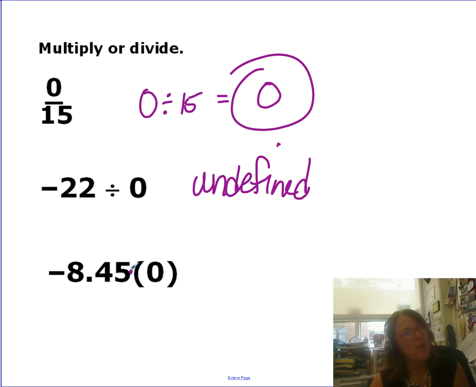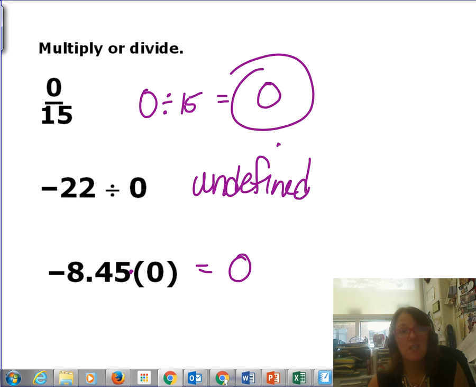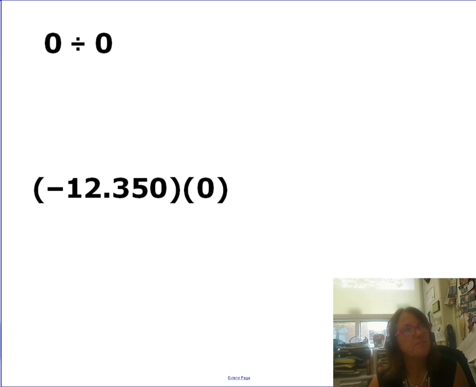What about multiplying? Is that okay? Absolutely. But when you multiply by 0, it is like one big giant terminator. Blows everything up. You're just left with 0. Okay? So you can divide by a number, and 0 can be in the numerator. You can't divide by 0. That's when it's undefined. And anytime you multiply by 0, it annihilates or destroys absolutely everything.